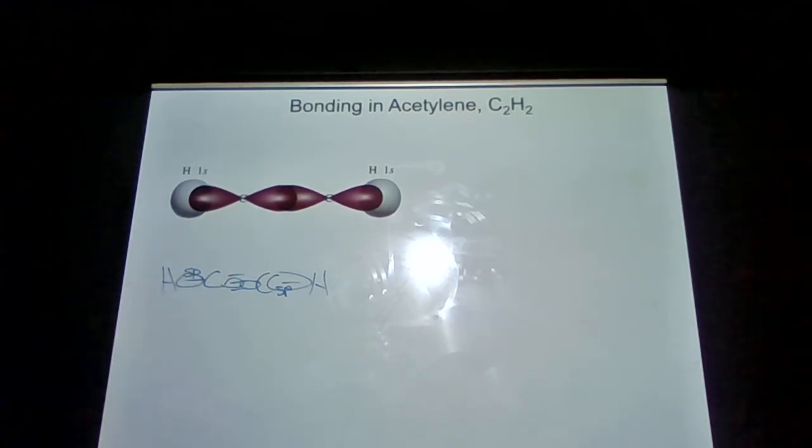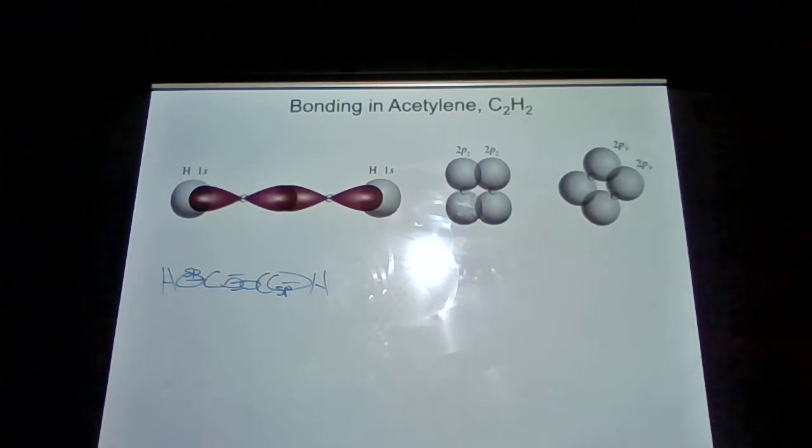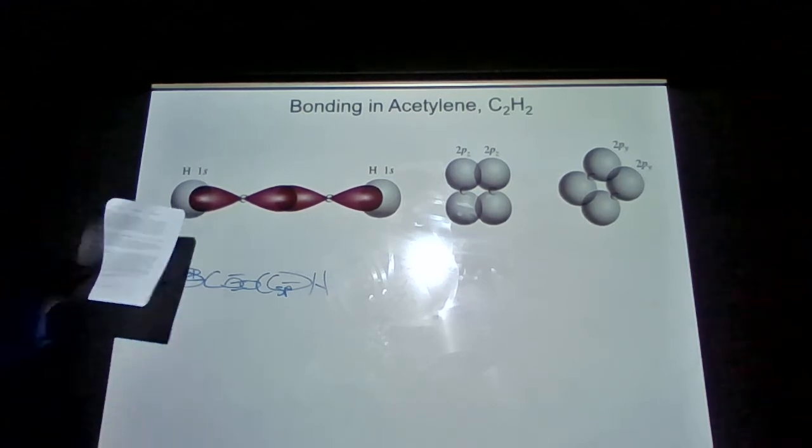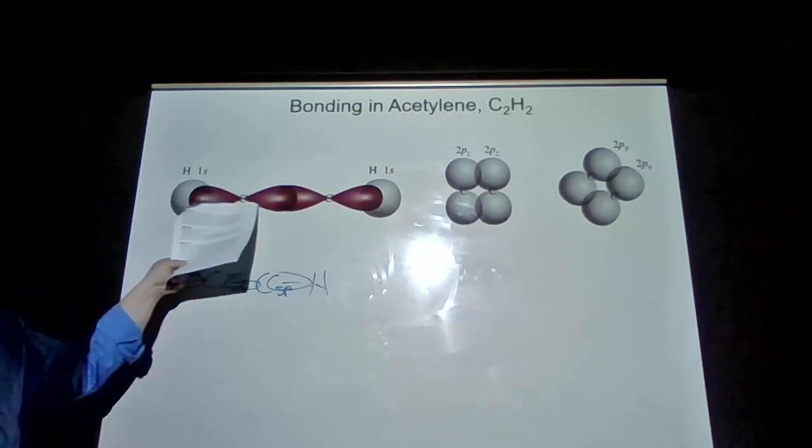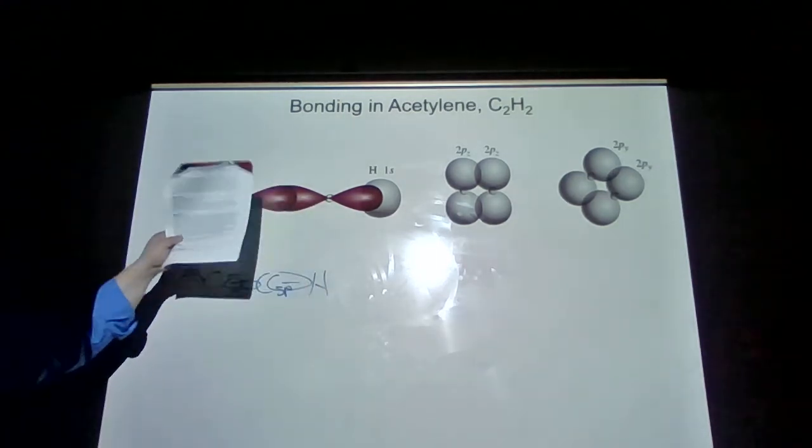So in this, we have shown you where each of the hybridized orbital bonds are. But remember, we still have other unhybridized orbitals that we need to take into account. They are the pz and the py. The pz are up and down. The py are front and back.